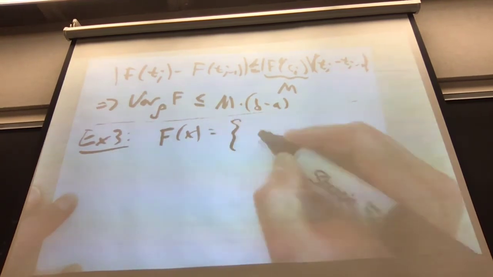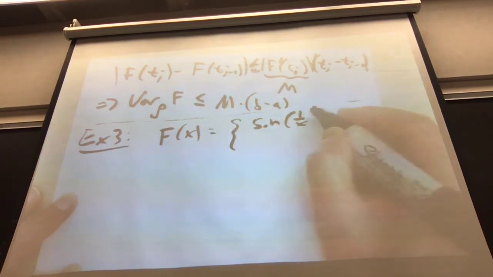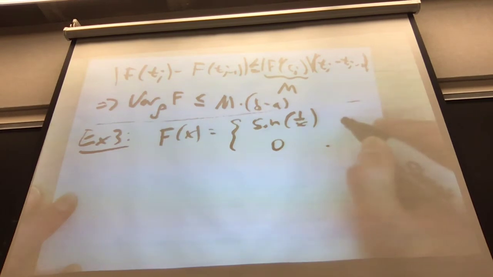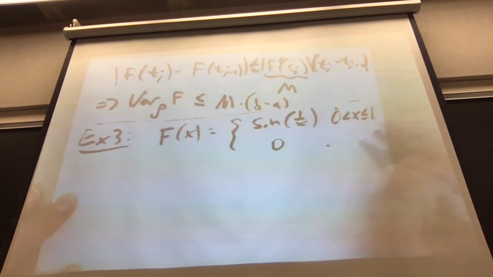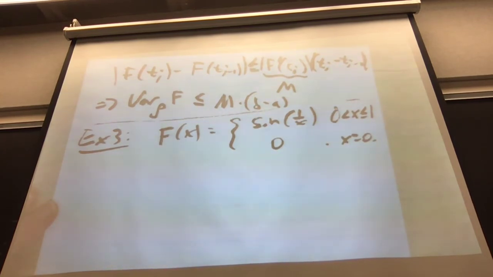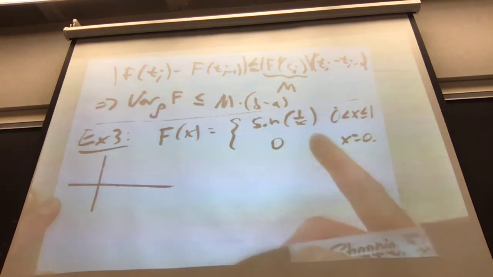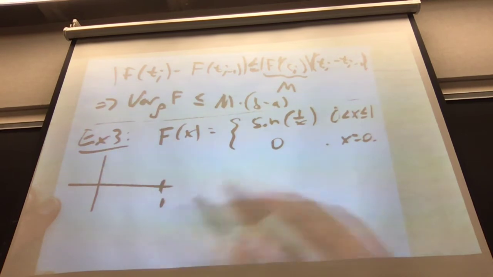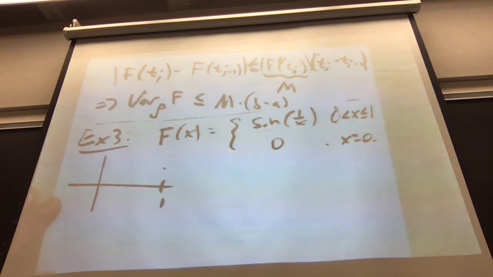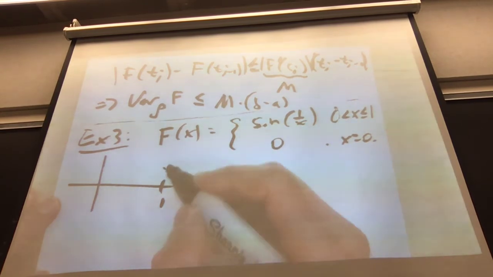This is a fun one. Have you guys thought about this curve? Is it a non-example? It's a non-example. It's the topologist's sine curve. So think about what happens. At 1, we have sine of 1, something.